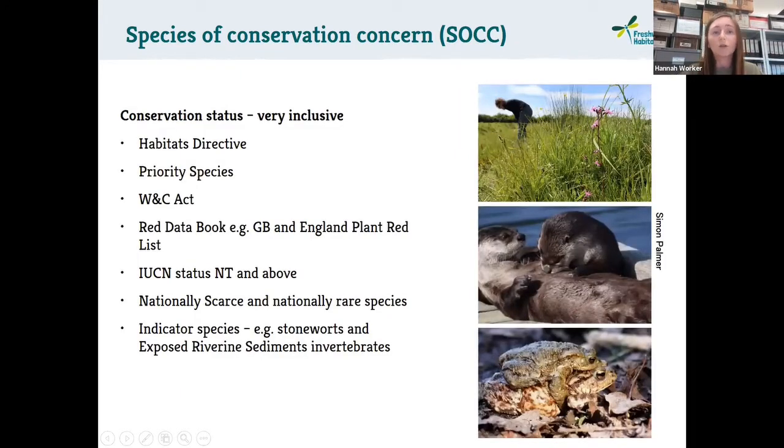And these will have conservation status, again very inclusive, whether they're in the Habitats Directive, priority species, the Wildlife and Countryside Act, red data listed, or IUCN.